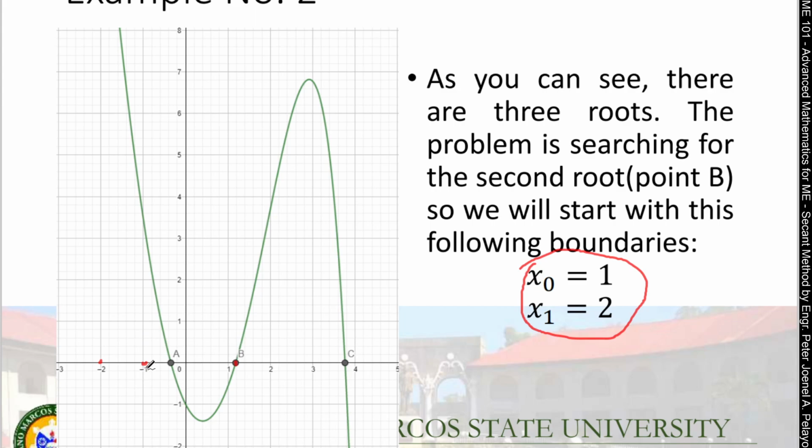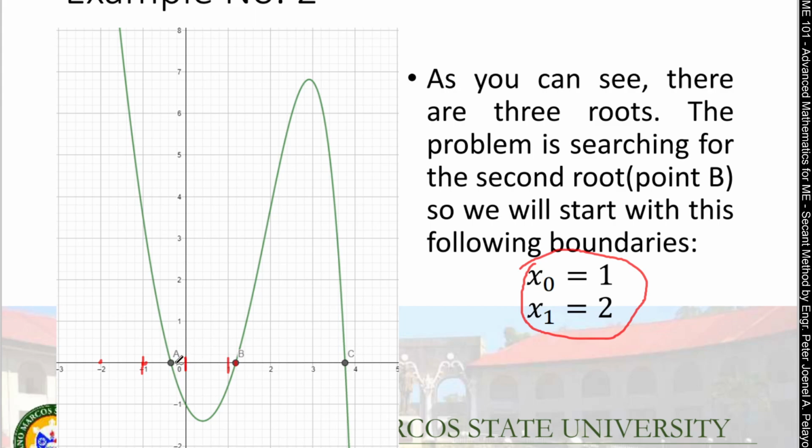Now, kung ginamit mo naman is negative 1 to 0, syempre, nasa loob yun ng bracket na to yung root 1 o yung si root A. So, ang hahanapin niya is root A pa rin. Now, what if ang nilagay natin, 0 and 1, saan ba mas malapit?